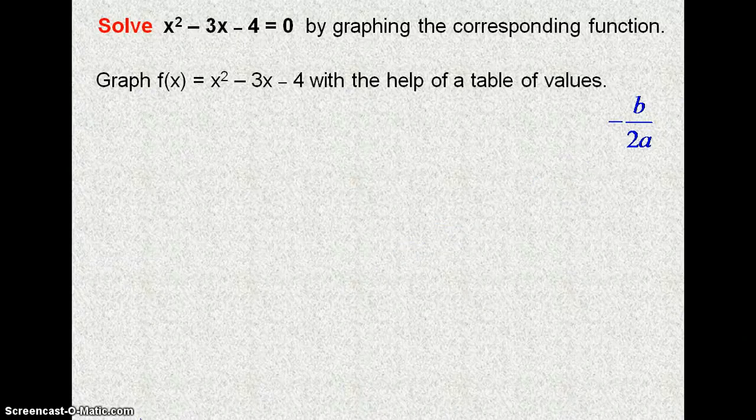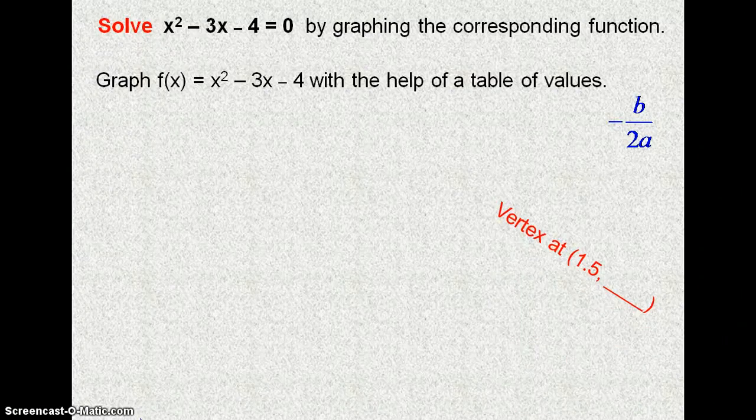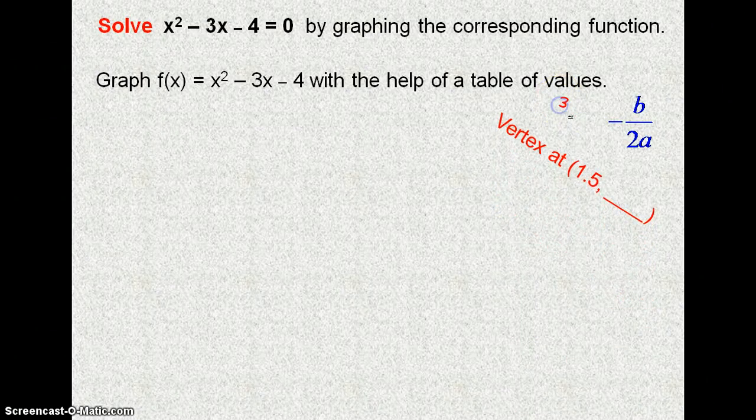To get the vertex we want to do the opposite of b over 2a. So the opposite of 3 is 3, over 2 times 1 is 2. So 3 over 2 is 1.5. Now how do you get this y value? You simply put 1.5 into your equation.